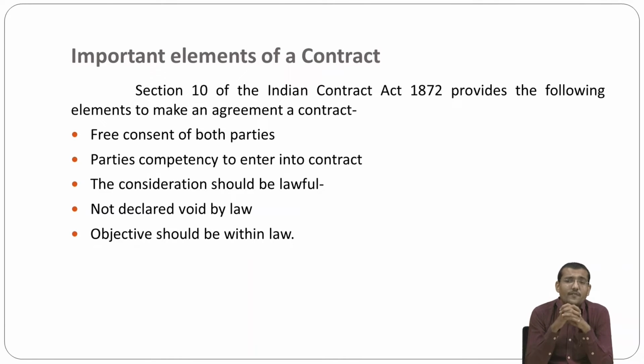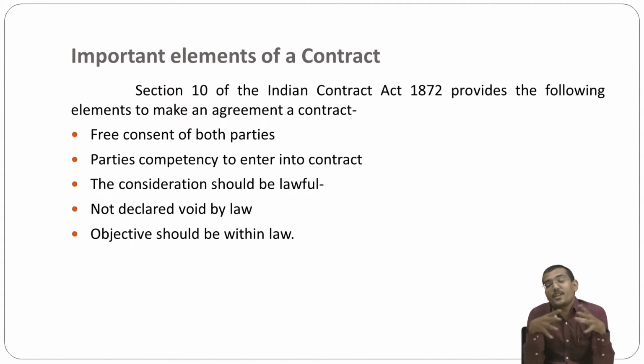First, my dear friends, is the free consent of both the parties. That means the person who promises and the person who accepts, or we can say the acceptor. Then the parties' competency to enter into the contract.